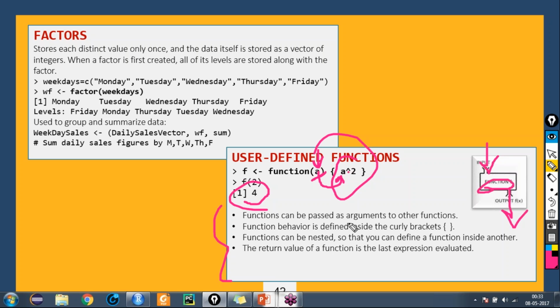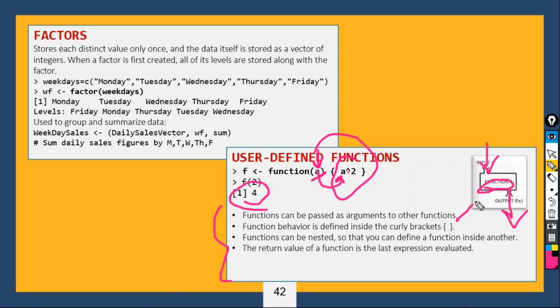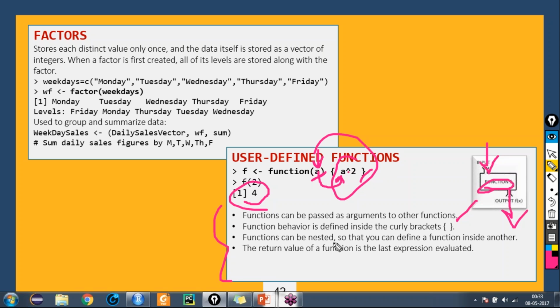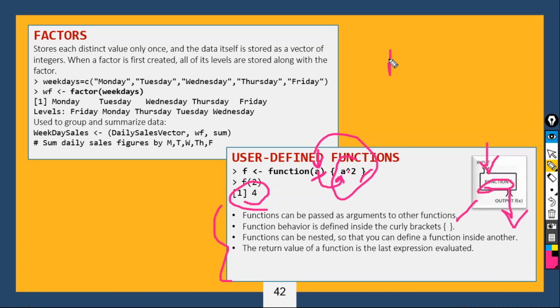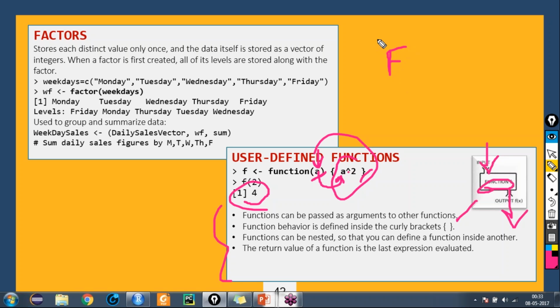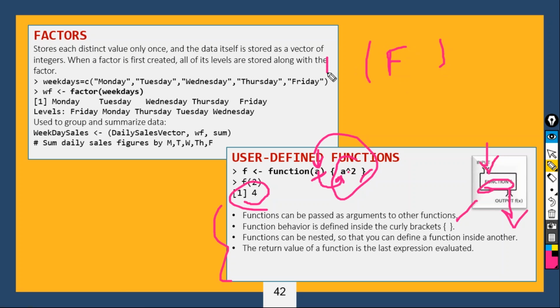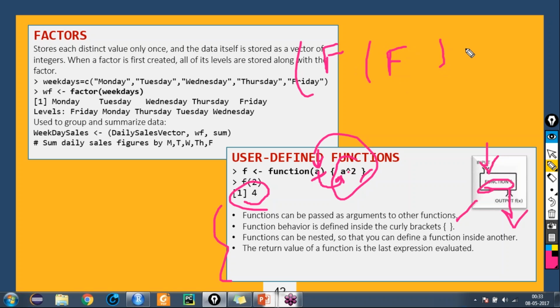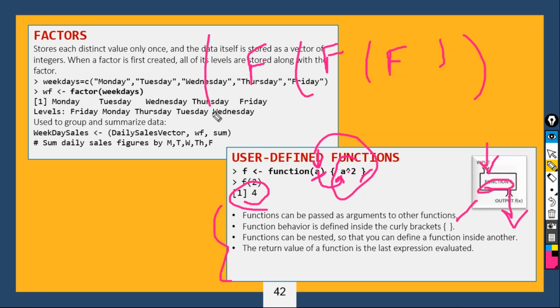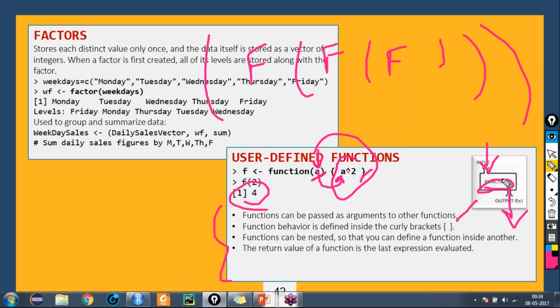A function can be passed as an argument to another function. Function behavior is defined inside the curly braces, as we have done here. A function can be nested, so you can define a function inside another function, as per your needs. You can use these coding skills to do anything and everything you require.